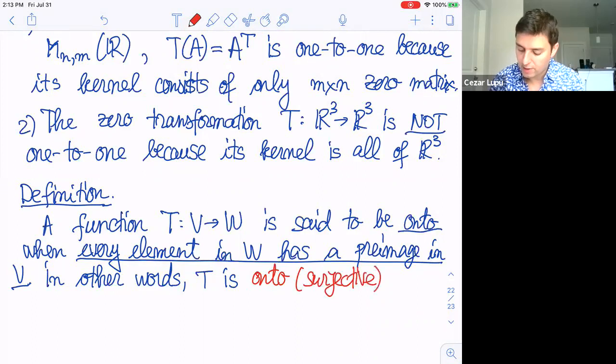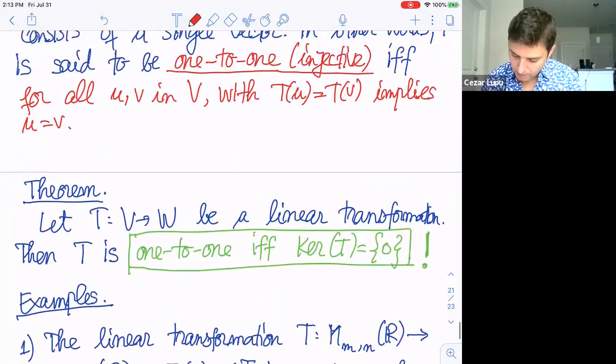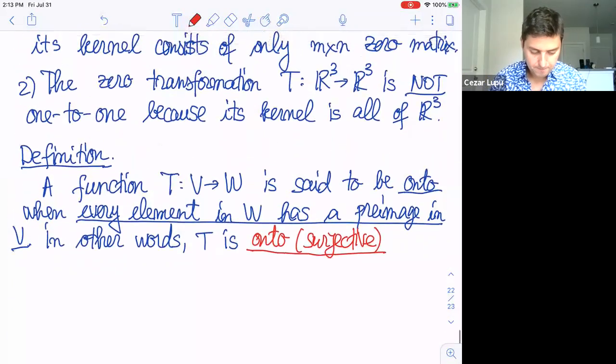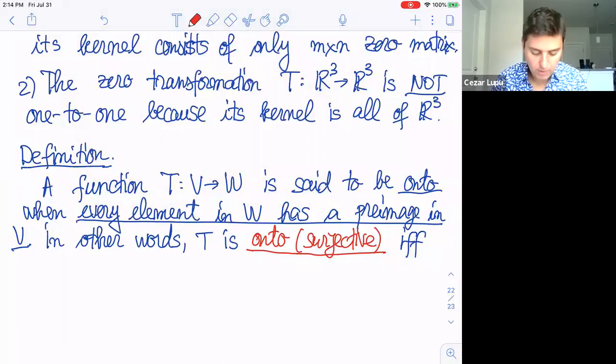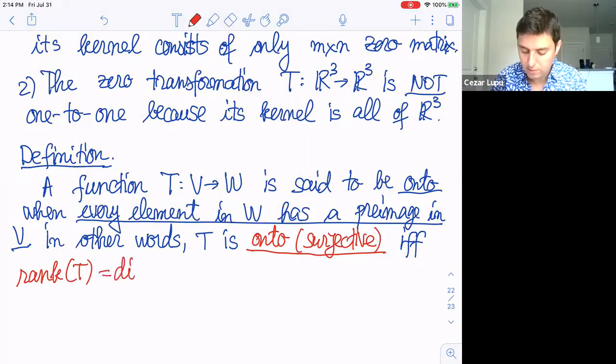So injective is one-to-one, surjective is onto. This is onto if and only if, plain and simple, the rank of T, the rank of the linear transformation, which we have seen, is nothing else than the dimension of W.